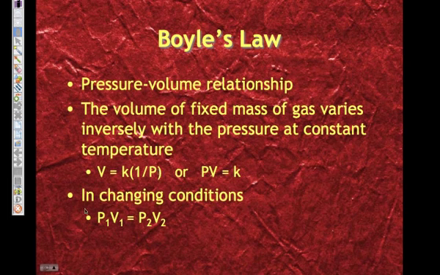Since K doesn't change, we can set those two equal to each other. P1 V1, the initial pressure and volume, is equal to the final pressure and volume P2 V2. This bottom equation is the one we'll use more than those top two.